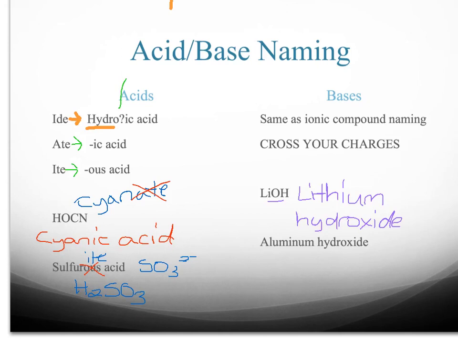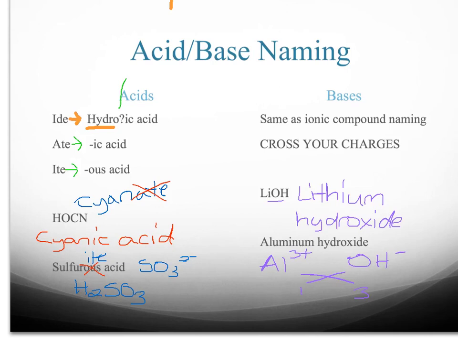The next one, we have aluminum hydroxide, so we need to write the formula for it. Aluminum is Al. It has a 3+ charge. Hydroxide is OH, and it has a -1. If we were to cross them, the 1 comes over here, the 3 comes over to this side.